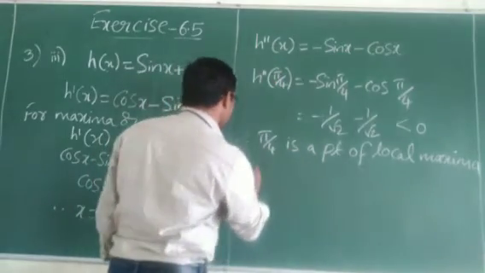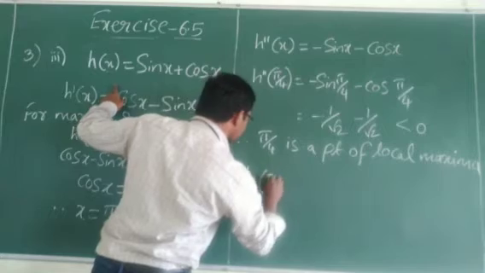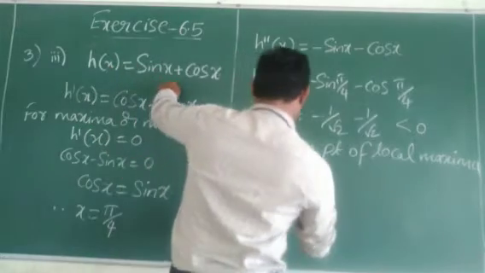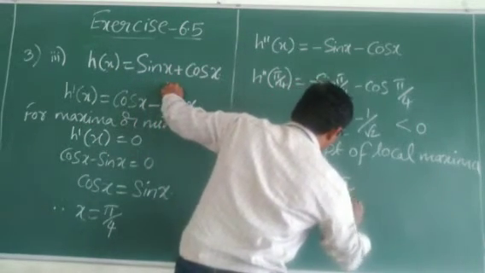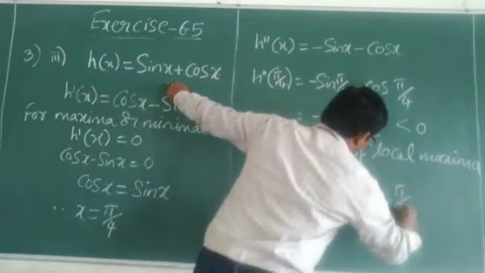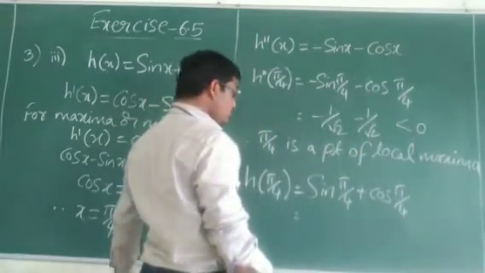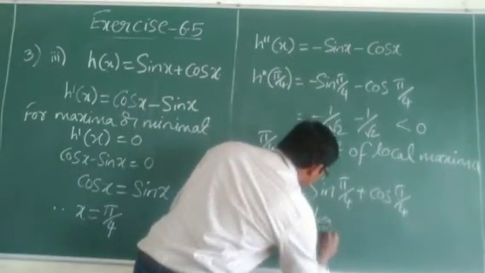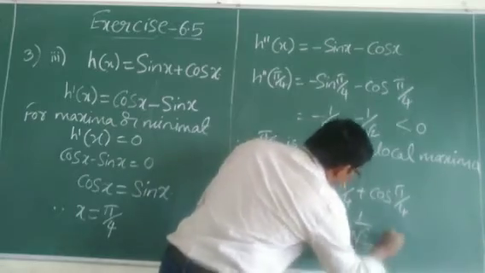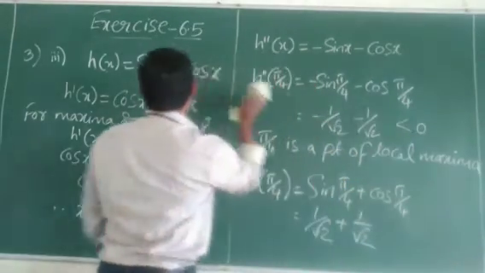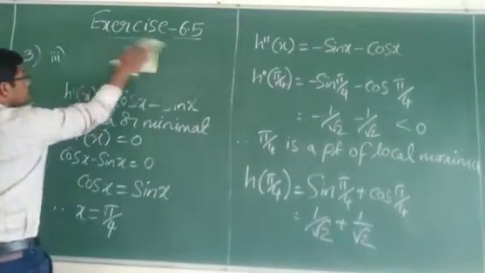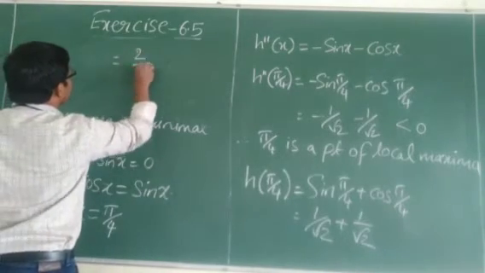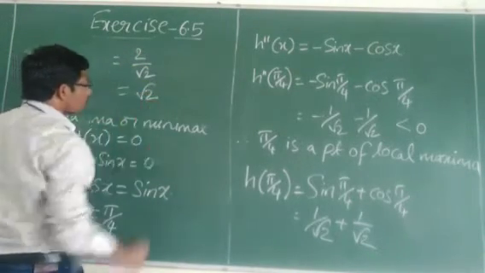So what is the maximum value? For the maximum value, substitute in the given equation. That is sin pi by 4 plus cos pi by 4, which is equal to 1 by root 2 plus 1 by root 2. We get 2 by root 2, which is nothing but root 2.